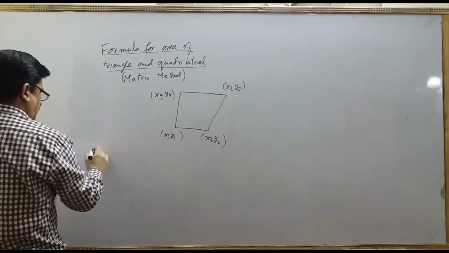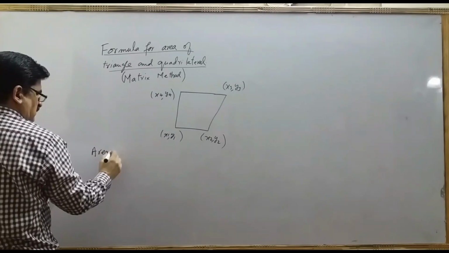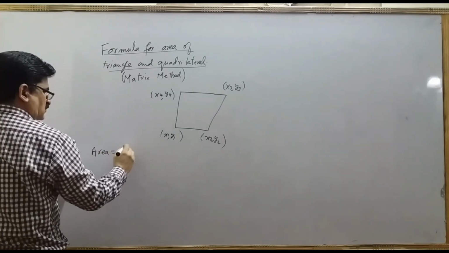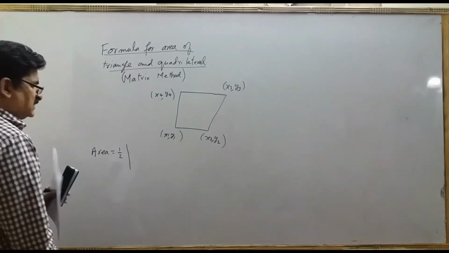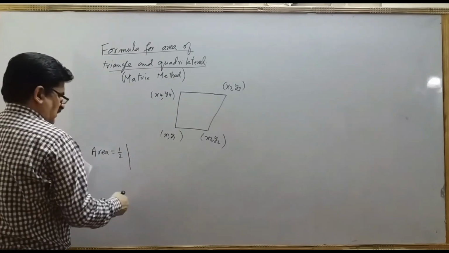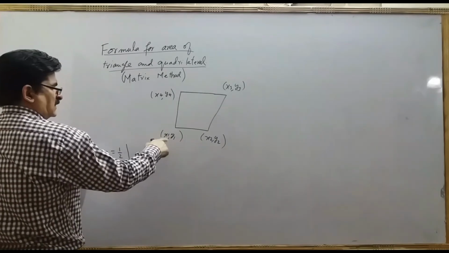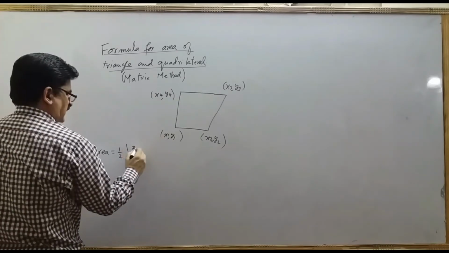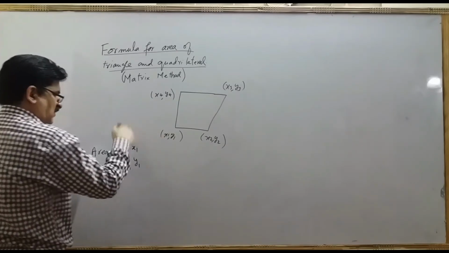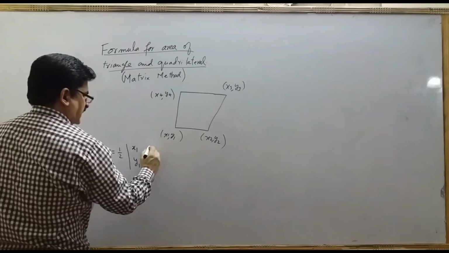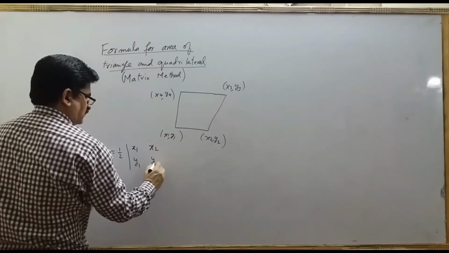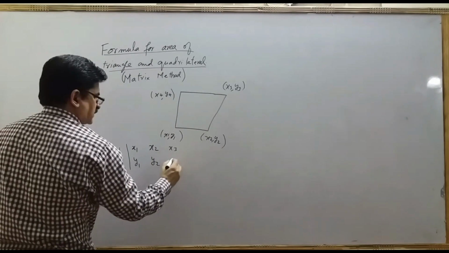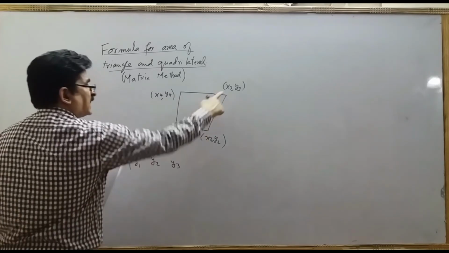Now, formula for area is equal to 1/2, this is straight line, half. Now, you can use any point as first point. Taking this as a first point, you will write it in column. Then you will take second point x2, y2. Then you will take third point x3, y3.